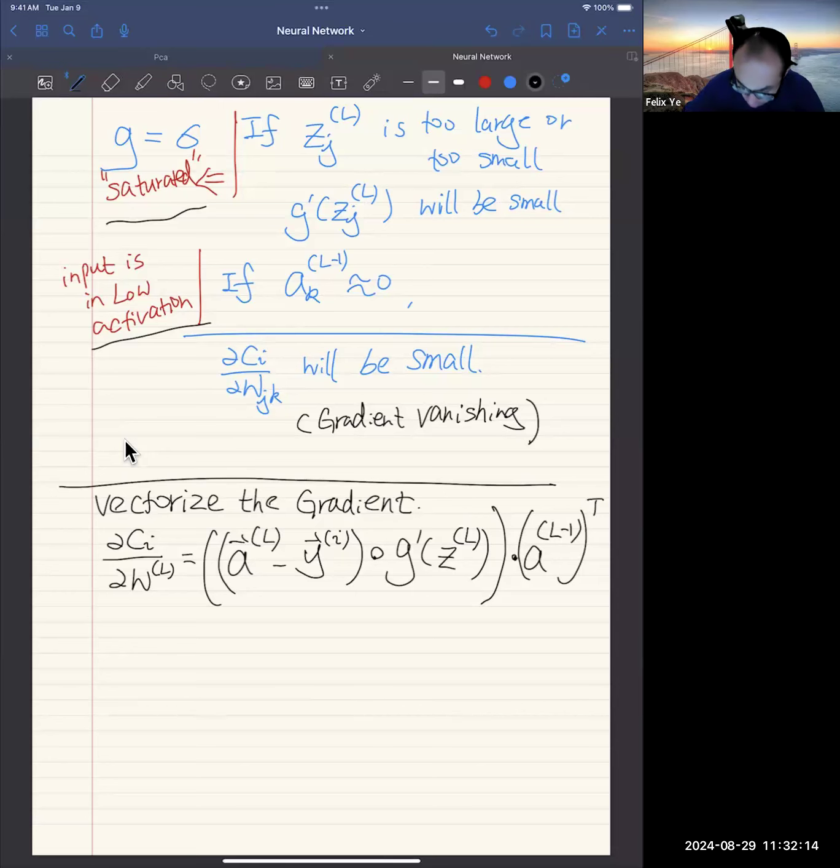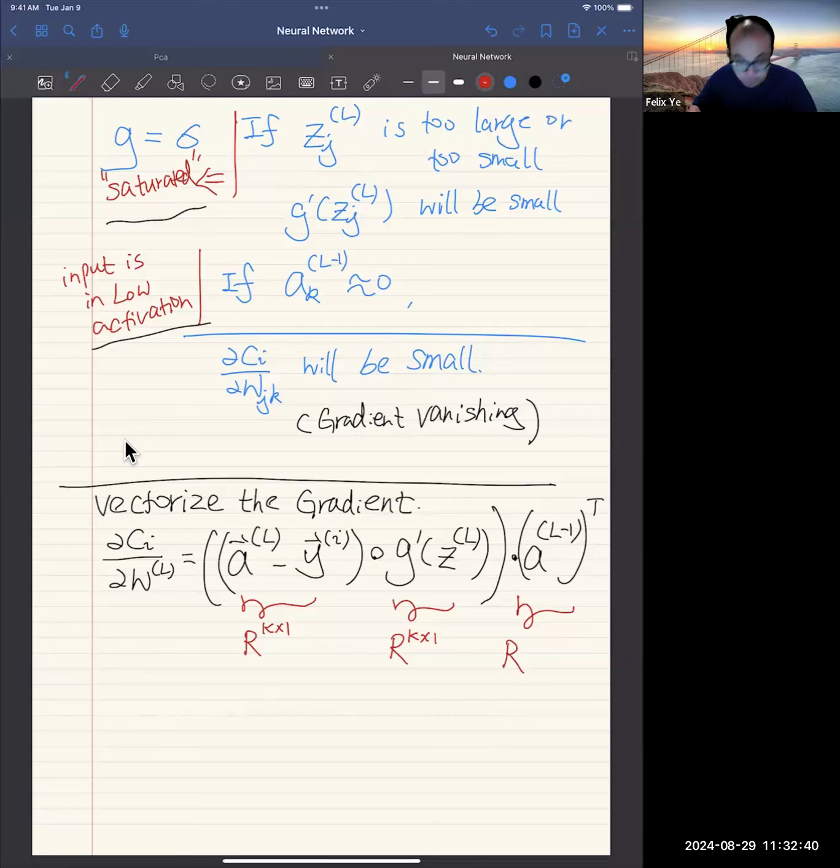It's better to look at all the dimensions here. This is K by 1. This is also K by 1. So K by 1, element-wise multiplied by K by 1, gives you K by 1. So this is a vector, but after you take the transpose, this becomes a row.